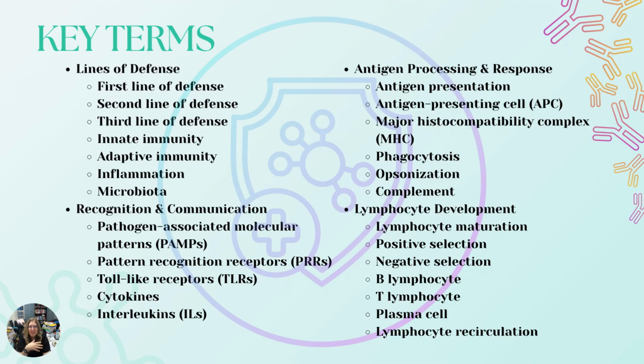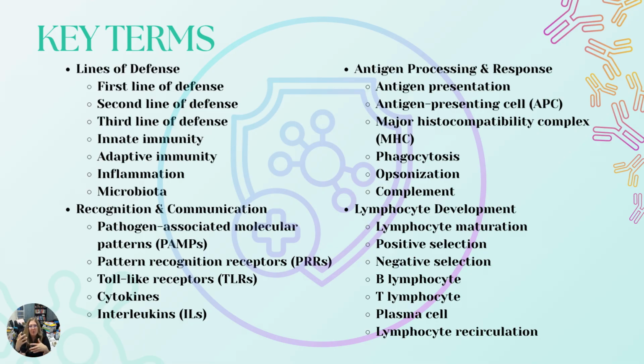Then we have the recognition and communication. So, how does an immune cell know that something is foreign? And that's where terms like PAMPs, PRR, toll-like receptors, and cytokines start becoming important.